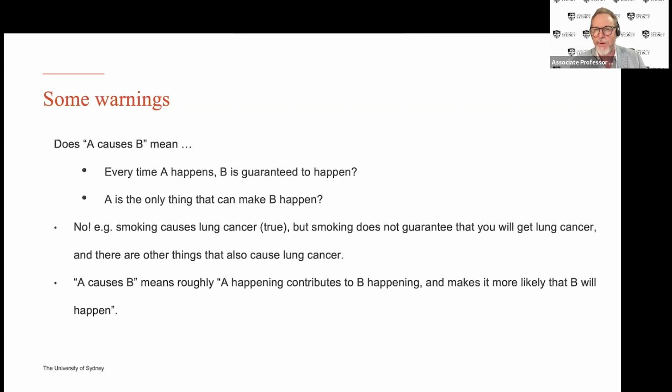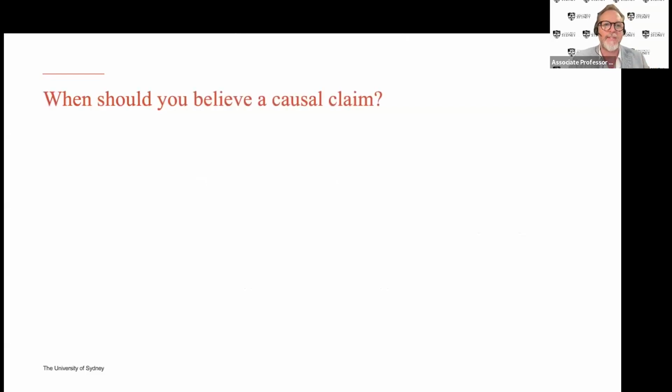What does "A causes B" really mean? It means something like A happening contributes to B happening and makes it more likely that B will happen. So when someone says smoking causes lung cancer, they mean something like this. Smoking contributes to the production of lung cancer, and if you smoke, it makes it more likely that you're going to get lung cancer.